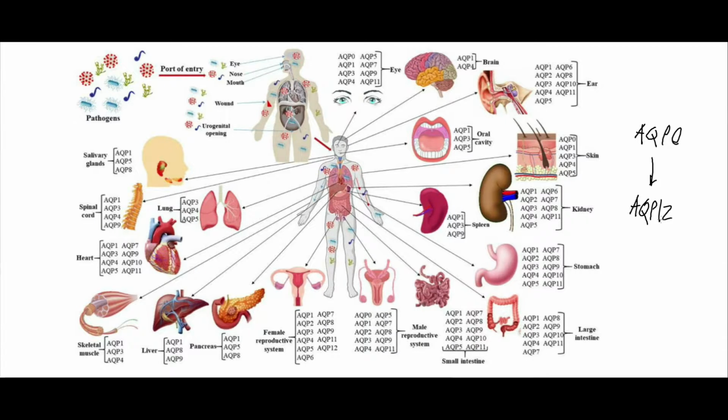I think there's the orthodox group and the unorthodox group, and I'm not going to really go into that, but it's just the relatedness of the different types of aquaporins. But we can see here, we find these in pretty much every kind of tissue you can think of in the human body, and that makes sense because you want this water regulation in every part of the human body.